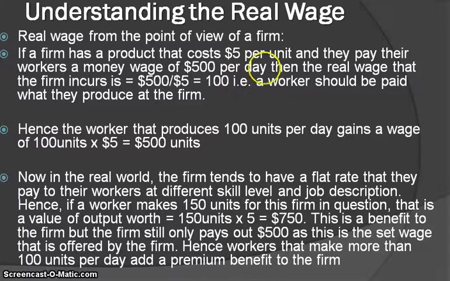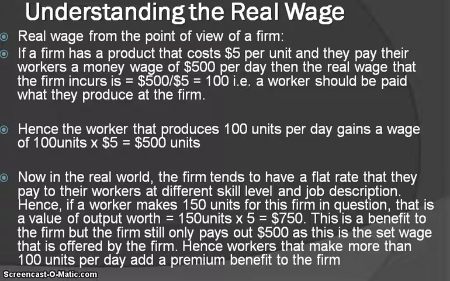So therefore, we can intuitively realize that a firm would never hire a worker that produces less than 100 units, because a firm is not in the business of making a loss. The firm would stop hiring when a particular worker only contributes 100 units of output.